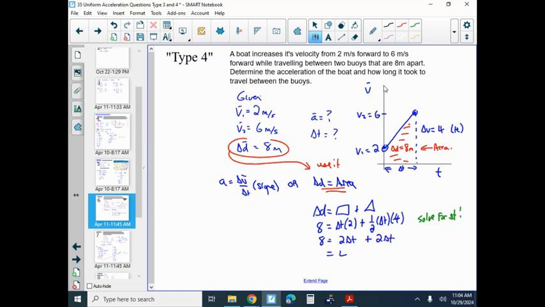So we're ending up with 4 delta t's equals 8. Nice easy numbers here. Divide both sides by 4. And end up with delta t equals 2. So we're finding out that it's 2 seconds, right? So therefore, it takes 2 seconds to travel between the markers, right?